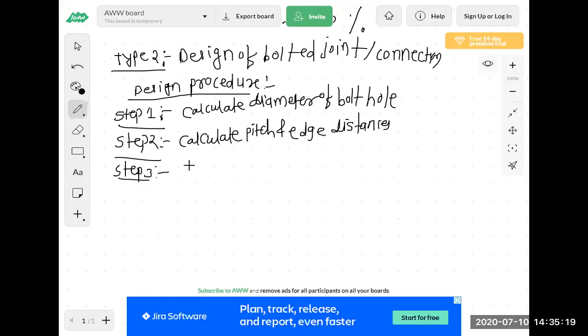Step 3, calculate design shear strength of bolt. Same as it is, we have to find out.